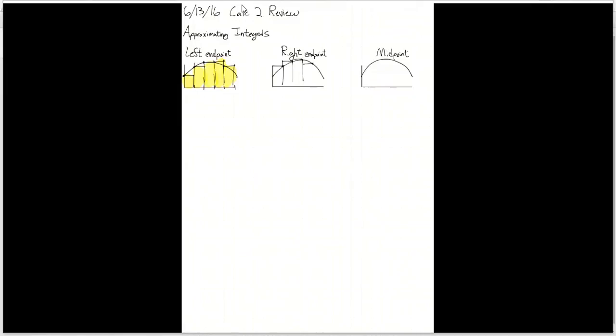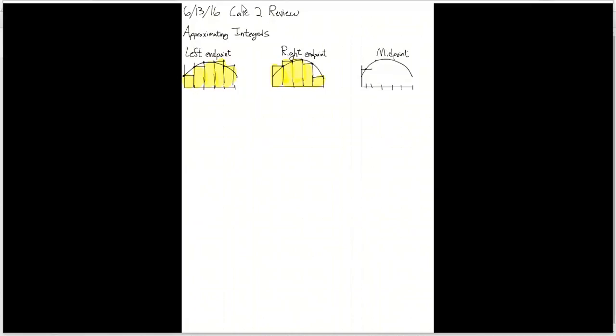Okay, so we're going to go ahead and approximate this guy. Again, the area is approximated by these rectangles. Now, what midpoint does is, if we've got these tick marks down here, instead of putting the rectangle on the function on the left or the right, we place it right there in the middle. So if we have this middle tick mark here, we find where the function is there and then draw our rectangle.